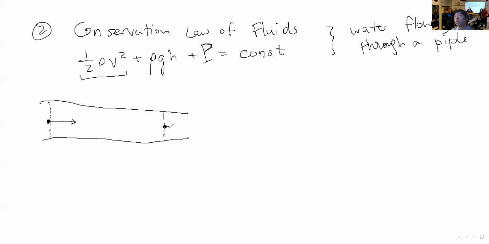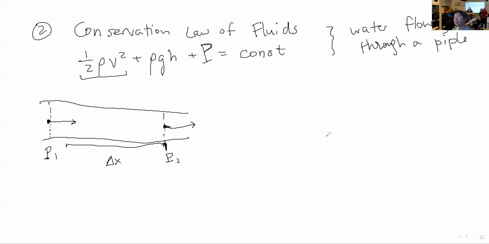So let's consider a water particle that flows through a pipe. This is the water particle at 2 points in time. At this point, it has pressure of P1. It travels some delta X, and then it arrives at the second point, which has a pressure of P2.